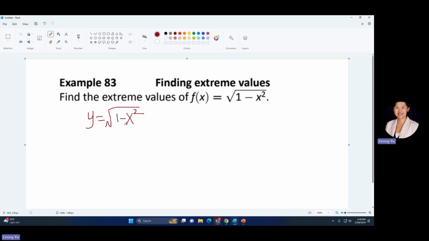So this is cosine or sine value. So if you square both sides of the equation, you have y squared equal to 1 minus x squared. If you add x squared, you have x squared plus y squared equal to 1. Now, x squared plus y squared equal to 1, that is a circle, but y equal to root of 1 minus x squared has the feature that the y value is positive.